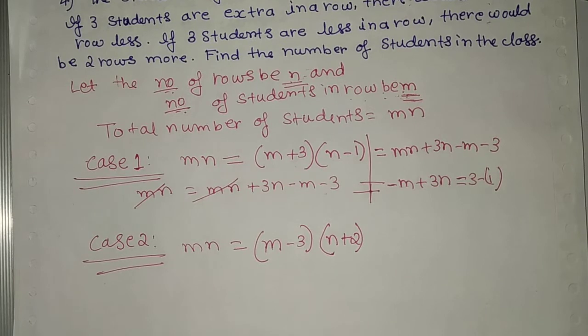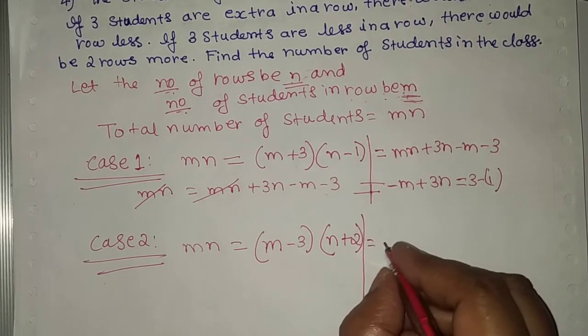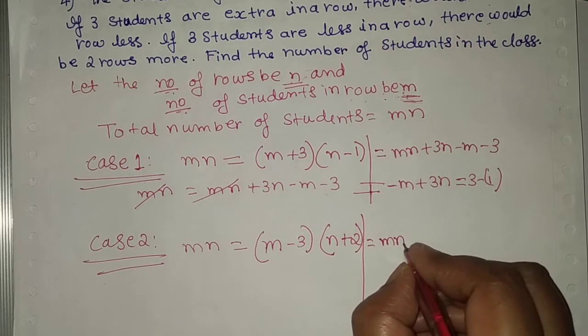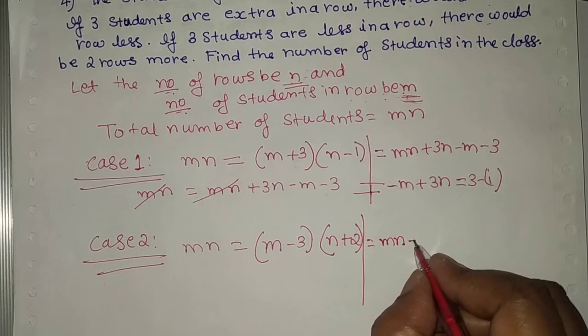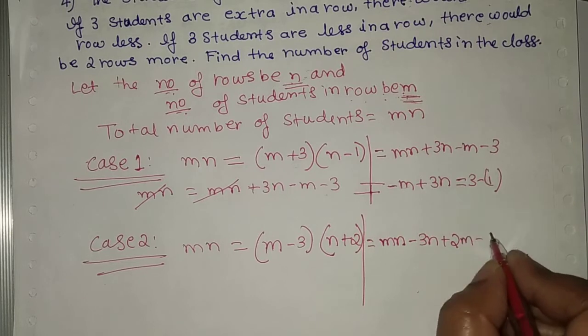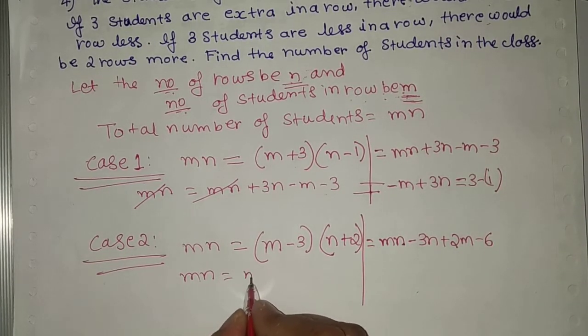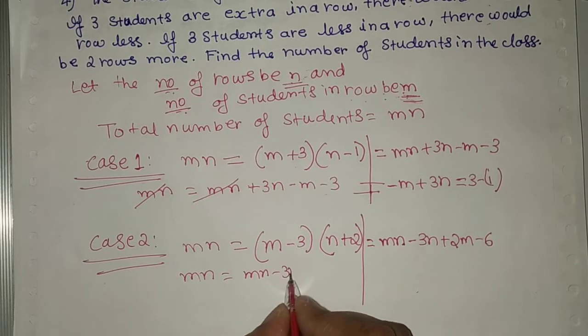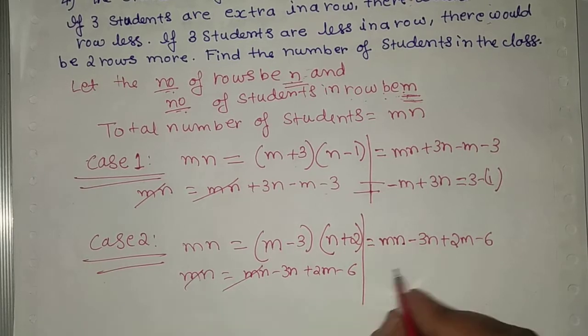We'll simplify this. mn is equal to mn minus 3n plus 2m minus 6. mn cancels.